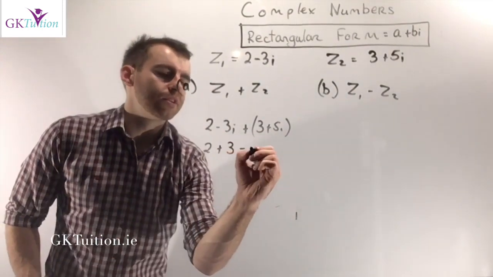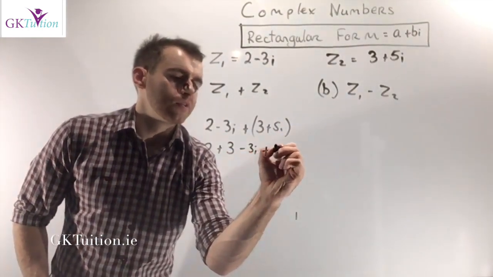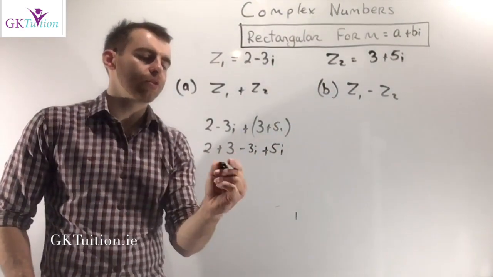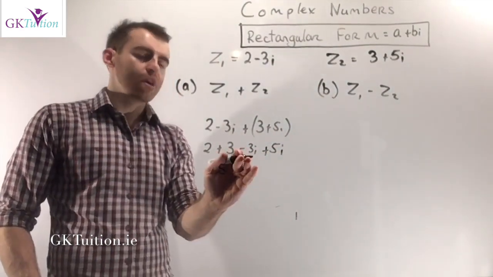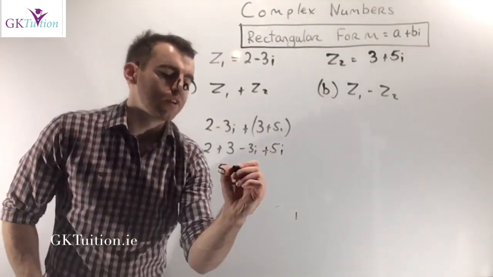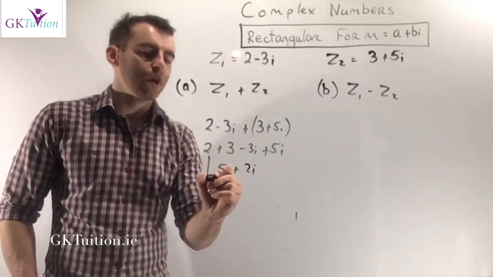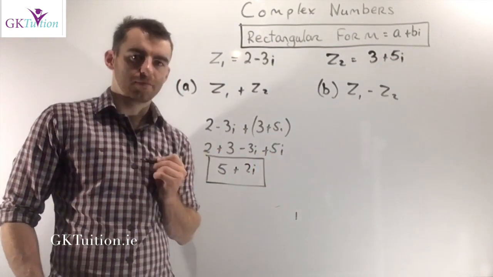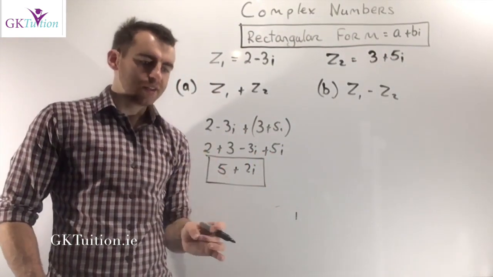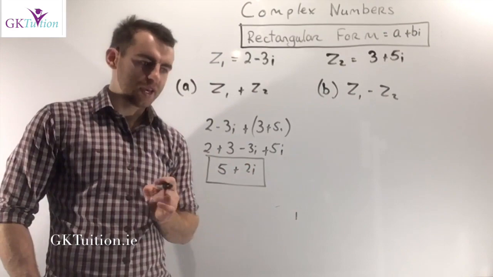The imaginary elements are minus 3i and plus 5i. 2 plus 3 gives me 5. Minus 3i plus 5i just gives me plus 2i. Which means that z1 plus z2, your final answer there, would be 5 plus 2i. Notice how your answer is in rectangular form again.